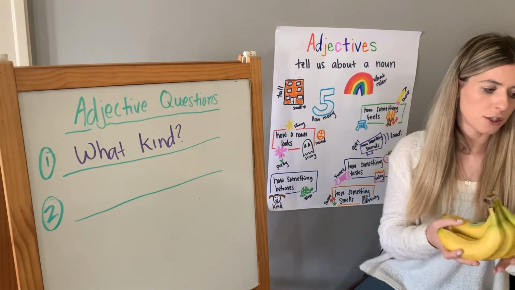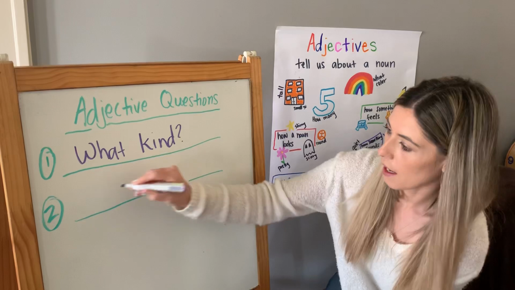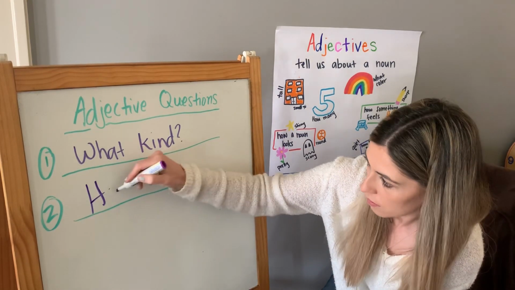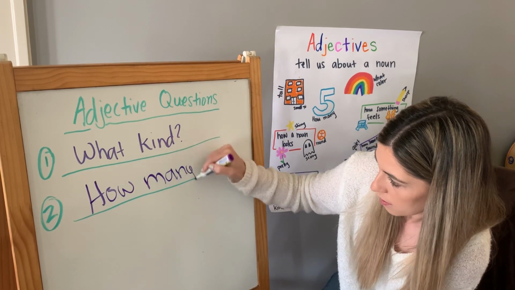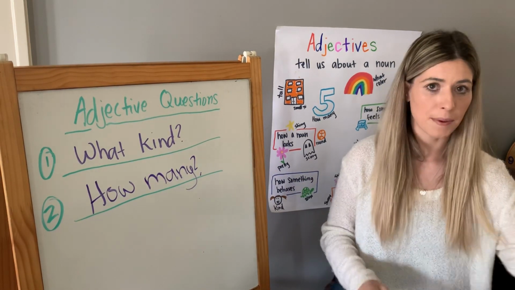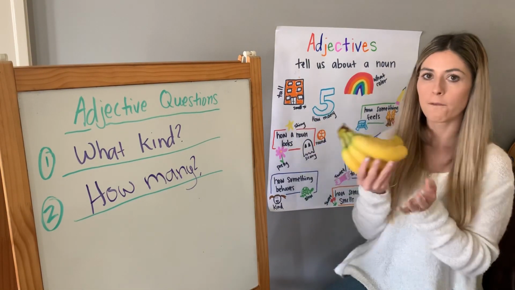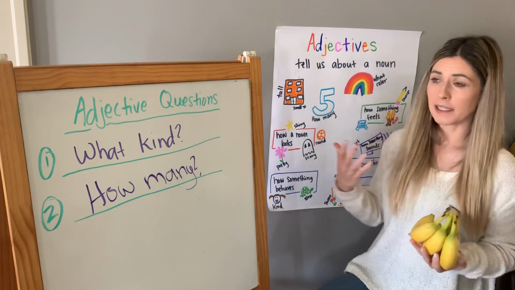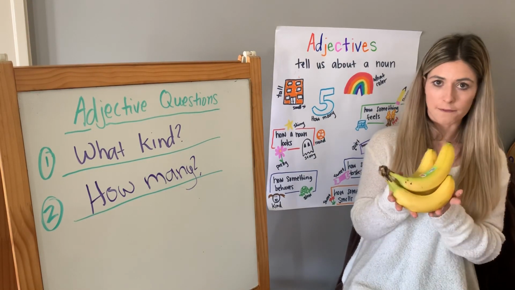My new question is, how many? So, how many bananas do I have? Well, I have 1, 2, 3, 4. 4 bananas. So 4 is also, like I said up here, an adjective.